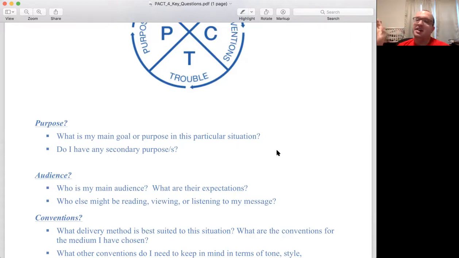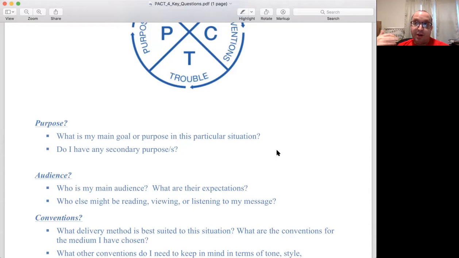So each piece of writing you'll ever do, it doesn't matter what course it is, always has some type of purpose. This is also a good way to analyze how effective other pieces of writing are. One thing that I ask technical writing students to do is to constantly evaluate documents. Was this document successful or not?